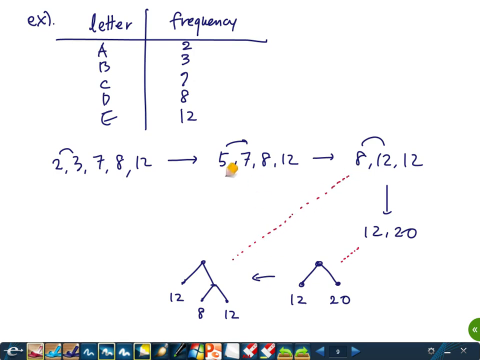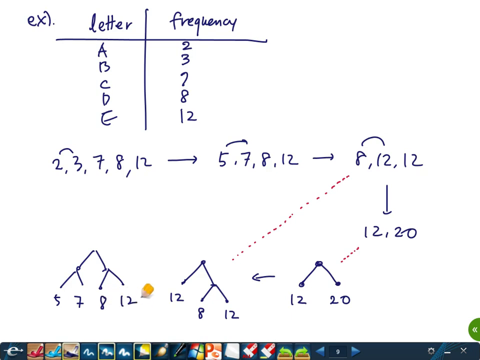So for this we have to change this a little bit. 12 is the sum of these 2. It's fine which one you take. Let's say this, and split this into 5 and 7, 8 and 12.